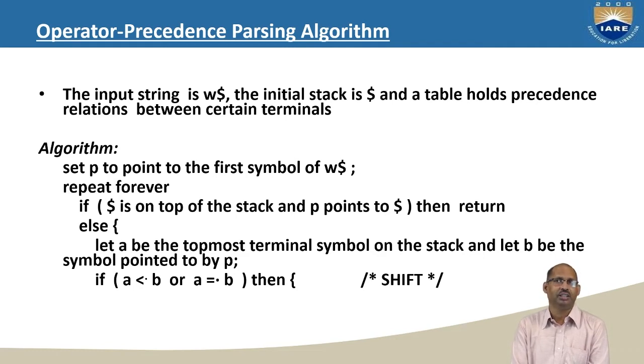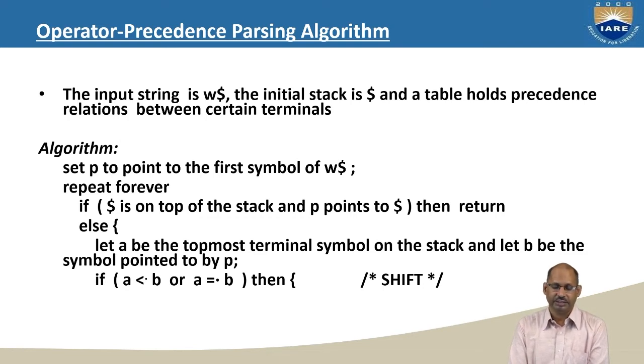We will discuss the operator precedence parsing algorithm. Set P to point to the first symbol of the input string and repeat forever. If dollar is on the top of the stack and P points to dollar, then return, which means the parsing is completed.